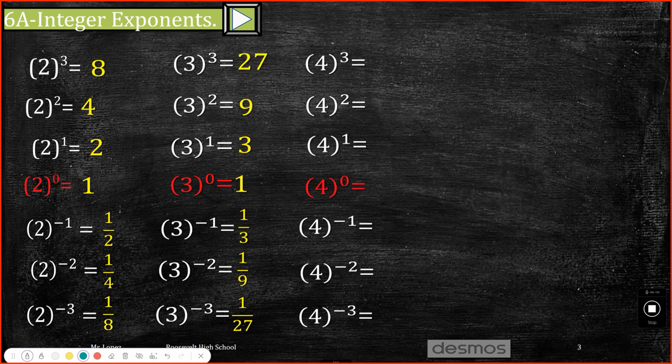What's 4 to the third? 64, isn't it? 64. 4 squared, 16. 4 to the 1. 4 to the 0. 4 to the negative 1, 1/4. 4 to the negative 2, 1/16. 4 to the negative 3, 1/64.